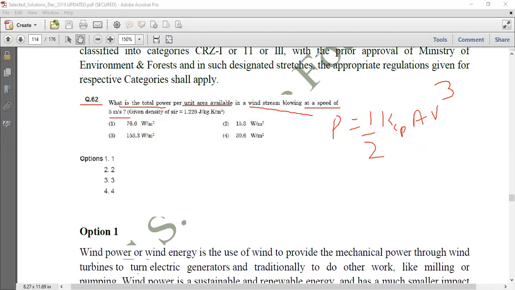Okay, but the problem here is that an efficiency is not given. If they have not given the value of the Cp, the maximum power coefficient, we will take it as 100%. So this term will be removed.